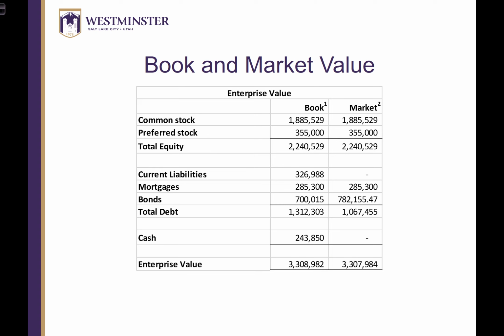I've gone ahead and separated these elements out such that we have the book value construction of enterprise value separate from the market value construction of enterprise value. We see that we're using the same value for common and preferred for both the book and the market perspectives.